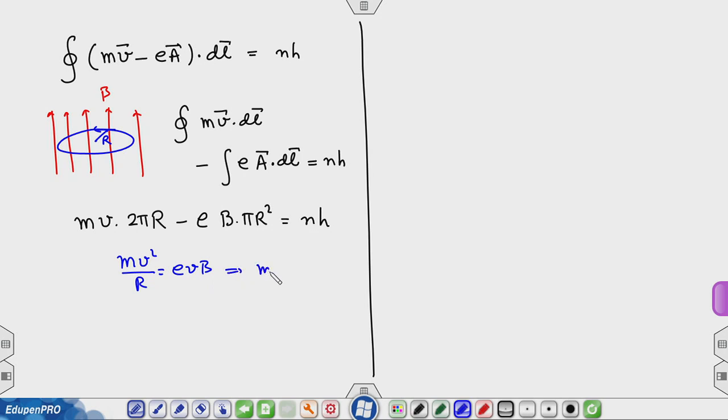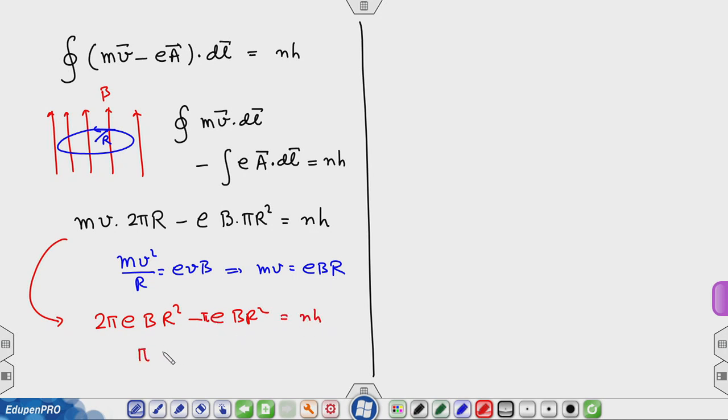This gives me m v equals E b r, and therefore, this quantum condition becomes 2 pi E b r square minus E b r square pi is equal to N H, or pi E b r square equals N H. And therefore, r square is equal to N H over pi E b, which I can write as N H cross times 2 over E b.